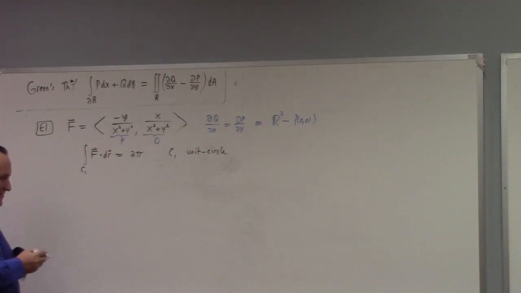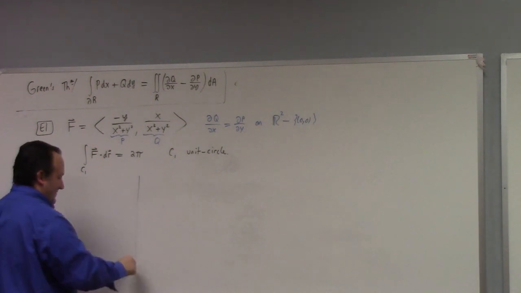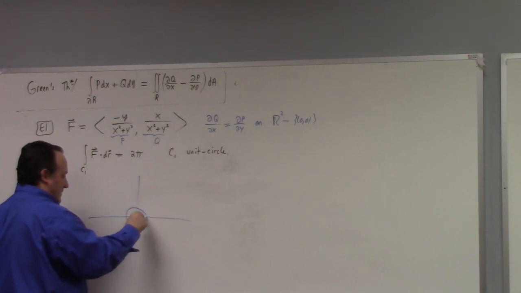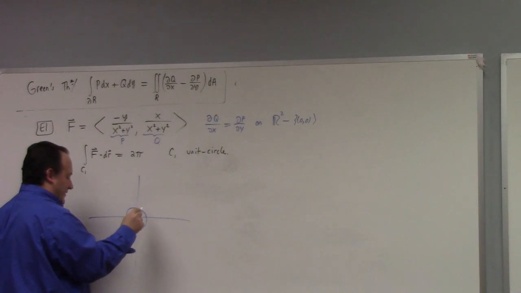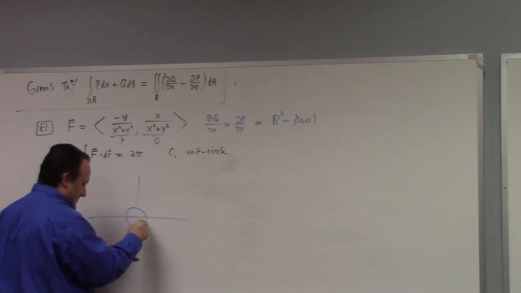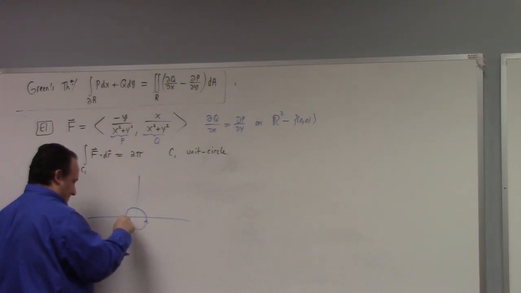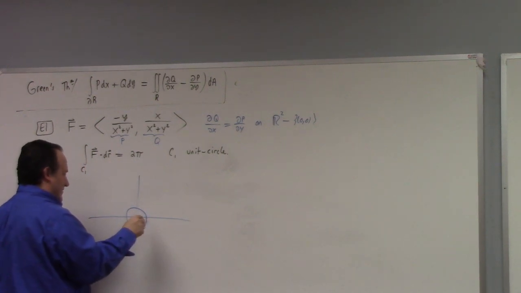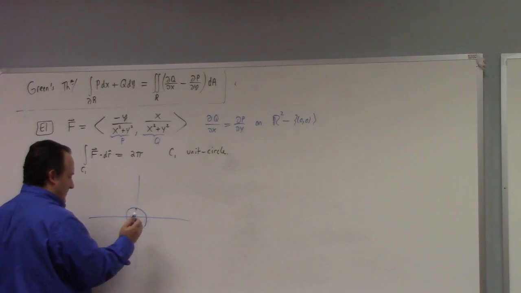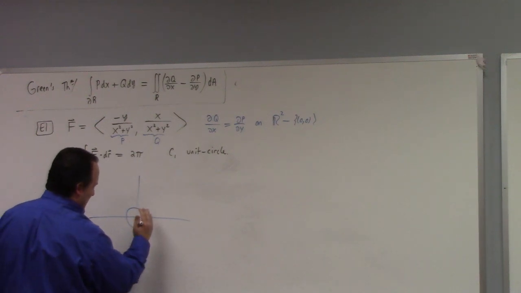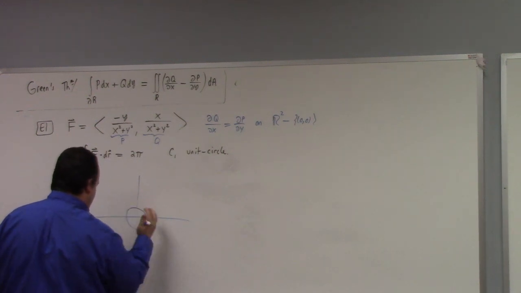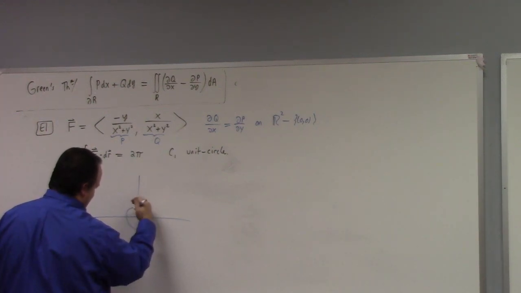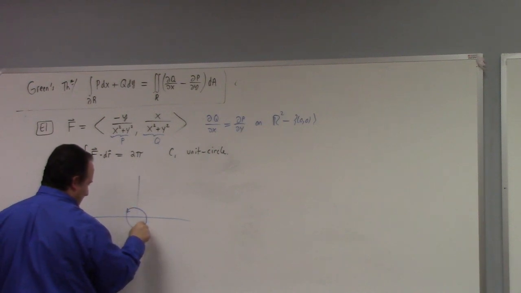So consider the following. Here's my unit circle, and I'm going to counterclockwise orient it. Ah, man, I am the worst with the orientation today. Let's see here. This way.